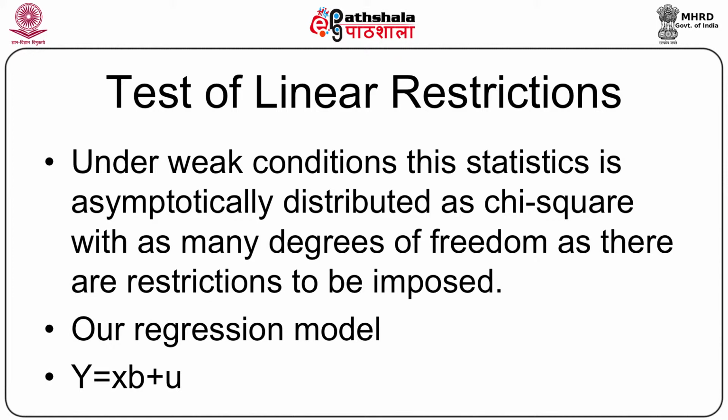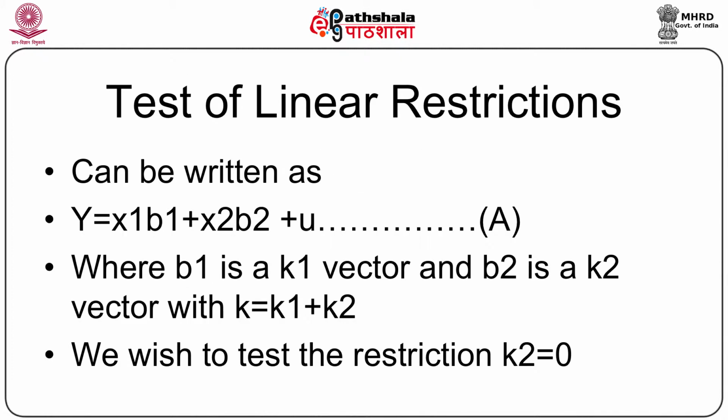Now let us consider the regression model y equal to x beta plus u, where y is the dependent variable, x is the explanatory variable, and beta is the parameter to be estimated. In this case, you can decompose x beta as x1 beta1 plus x2 beta2.